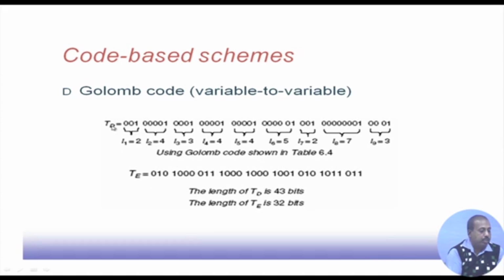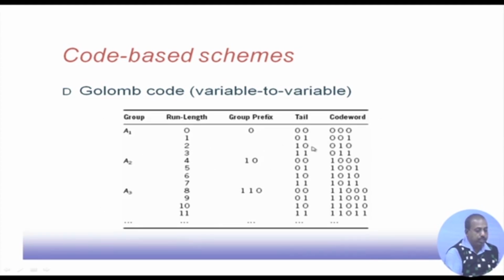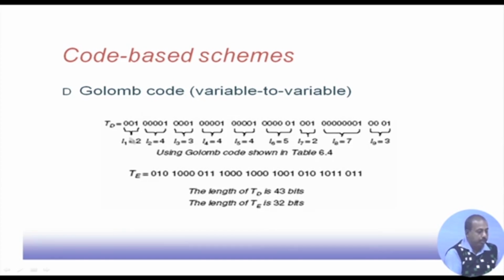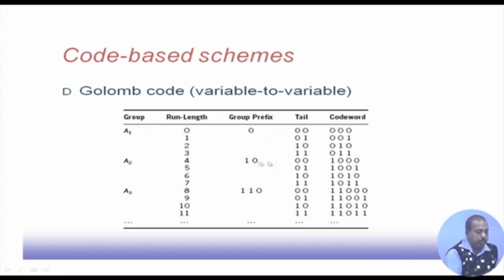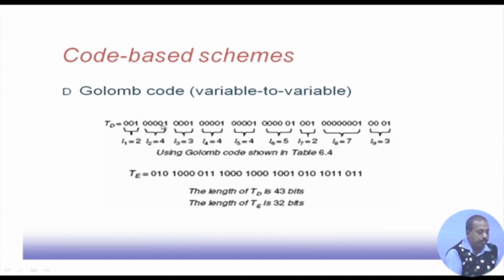Now, if we do the corresponding coding, this run length of 2 is coded as 0, 1, 0. Instead of sending 0, 0, 1, we are sending 0, 1, 0. Then I have a run length of 4, which is coded as 1, 0, 0, 0. Instead of sending these 5 bits, we are sending 1, 0, 0, 0.